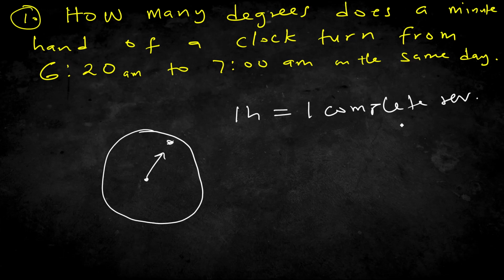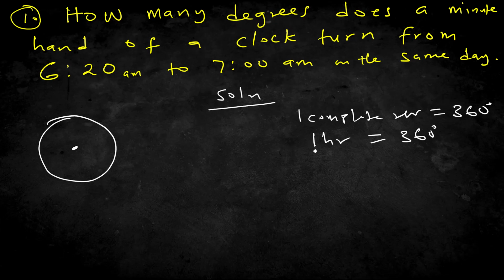So we can say 1 hour is the same as one complete revolution, and one complete revolution is equal to 360 degrees, which is the same as 60 minutes. So in every 60 minutes, we get one complete revolution, the same as 360.